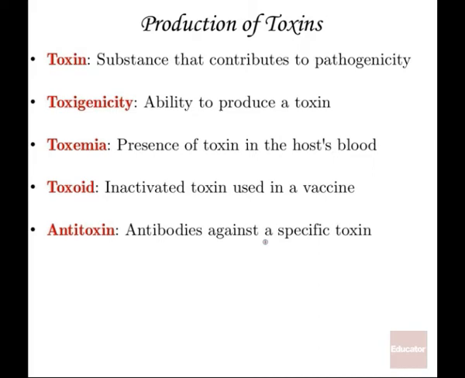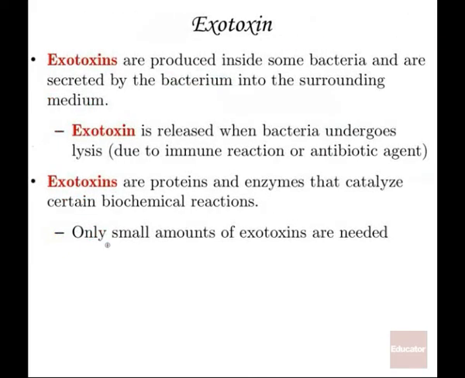Toxigenicity is the ability to produce a toxin. Toxemia is the presence of the toxin in the blood, so how much toxin is in the blood. Toxoid is inactivated toxins that are used in vaccines, and antitoxins are antibodies that are directed against a specific toxin.